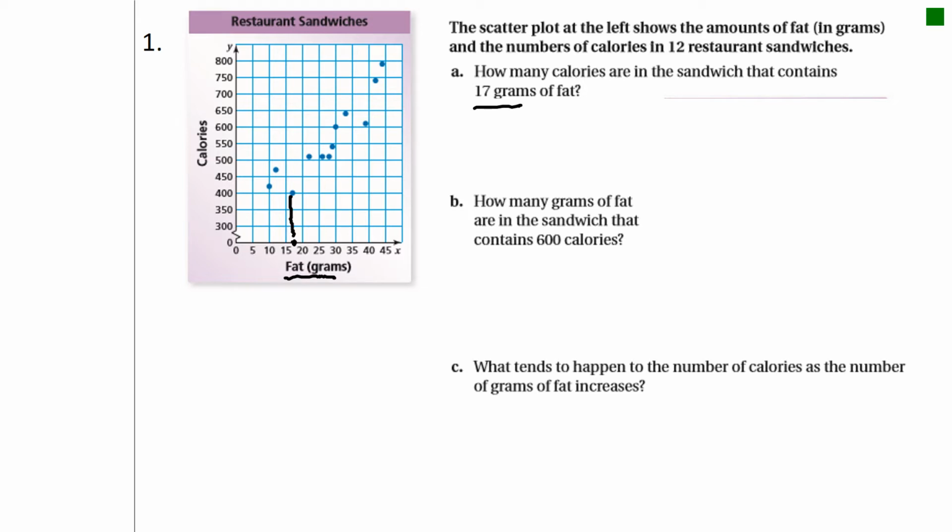And approximately 400 calories are in 17 grams of fat according to our scatter plot. I found that point right here that's about 17. It might be a little bit more than 400, but 400 calories. All right. Now let's look at it when we're going from the y-axis.